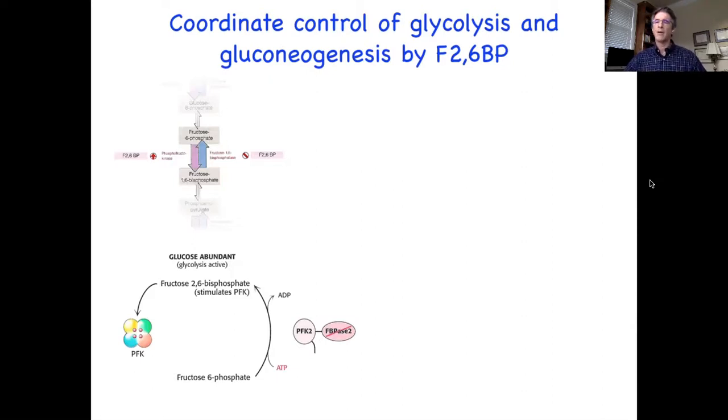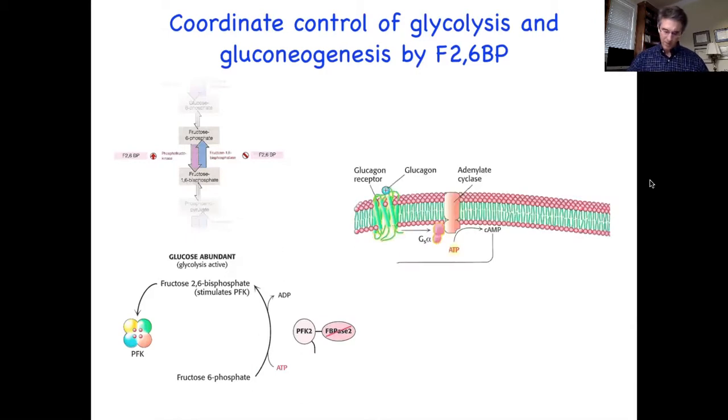Okay, but now what happens when blood glucose levels equalize? Now you've burned that stuff all off, and blood glucose is going low. The pancreas stops making insulin and makes glucagon. The glucagon then comes in and interacts with a G-coupled receptor in the receiving liver tissue.